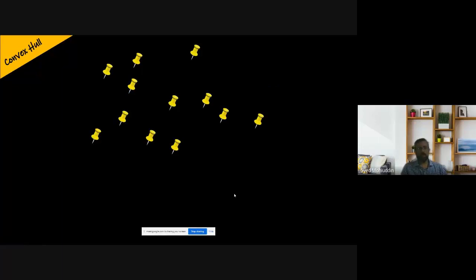The same way here also we have a set of points, and what convex hull means is that if we take the extremes, if we start with the extreme point on a two-dimensional plane, and tie a thread around all the outer points, then that becomes a convex hull.